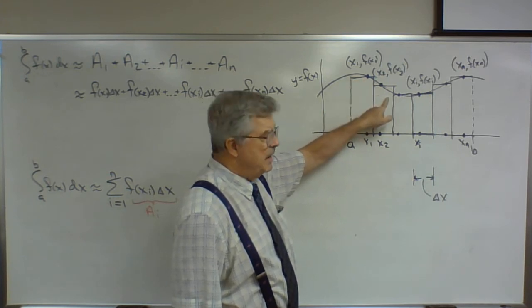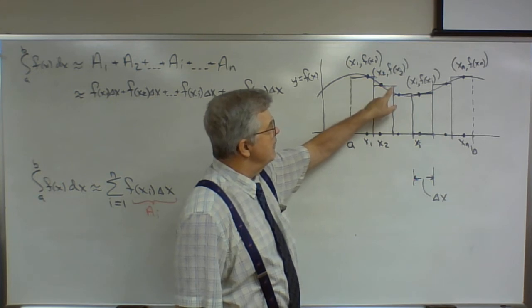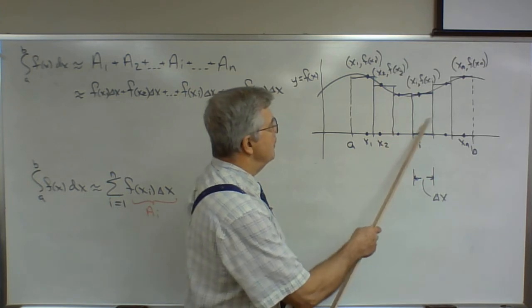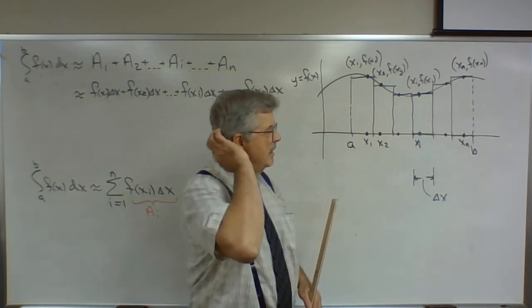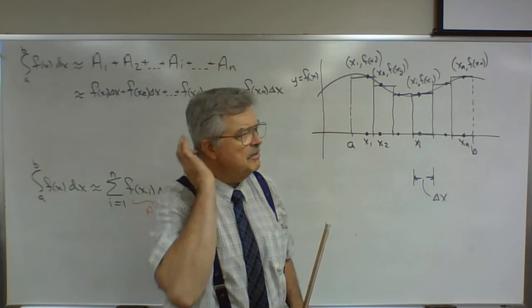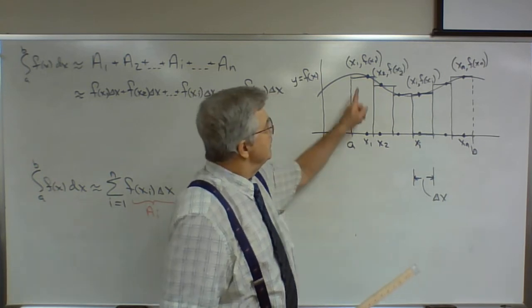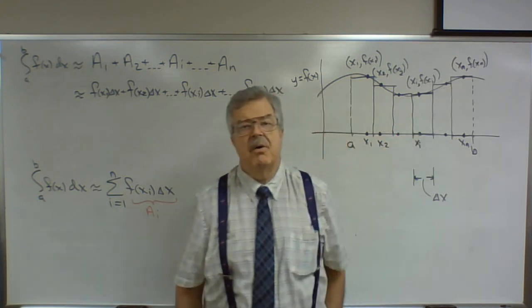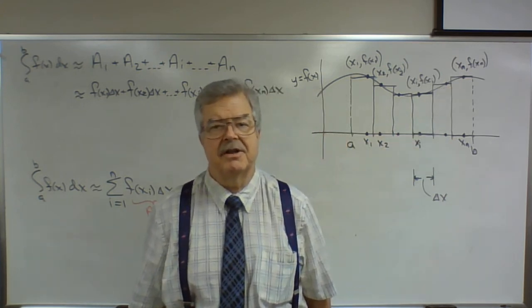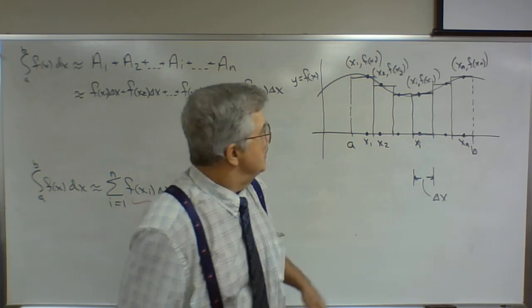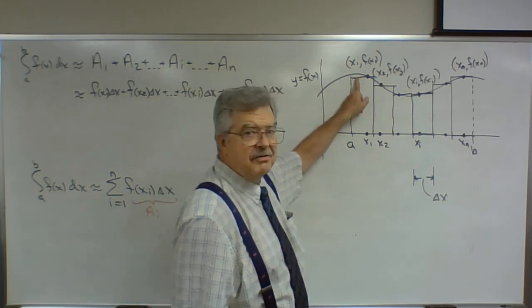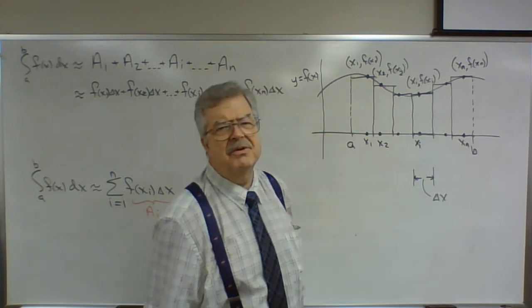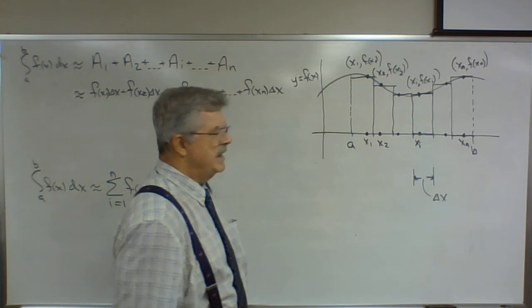And this same rectangle is including area that shouldn't be part of the definite integral, and so forth and so on. The problem is caused by the fact that the tops of the rectangles don't conform precisely to the contour of the curve, which is why we leave out area sometimes, and other places we include area that we shouldn't. So this is just an approximation.